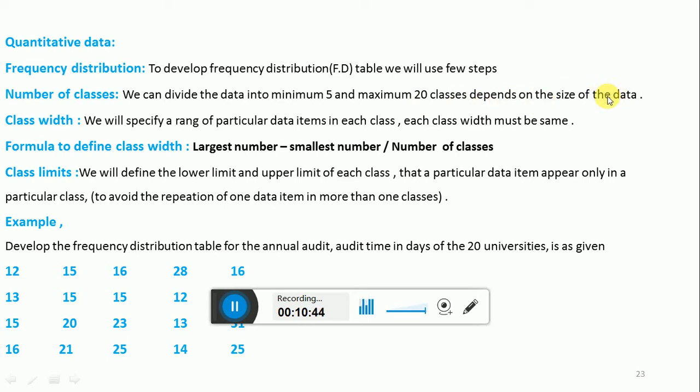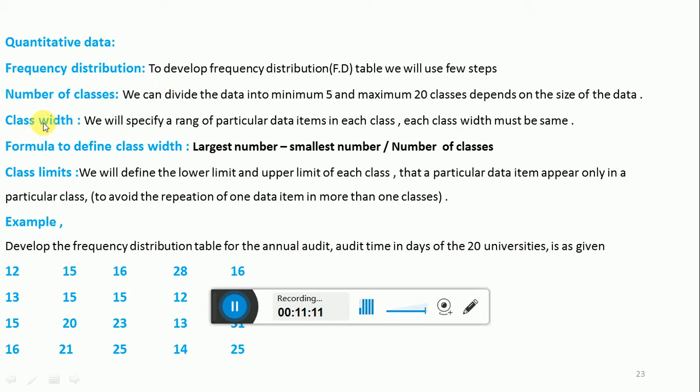If the size of the data set is small, the statistician will use a small number of classes. But if the data size is large, the statistician can use a larger number of classes. As I told you, the minimum possible classes are 5 and the maximum possible classes are 20.